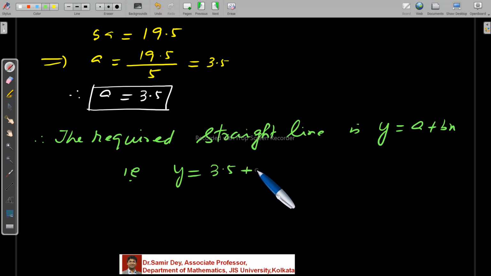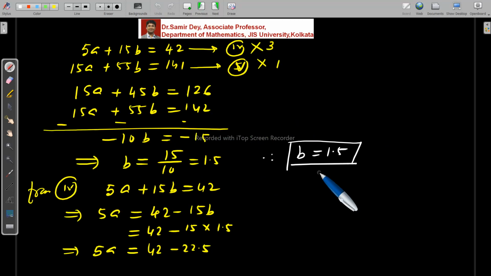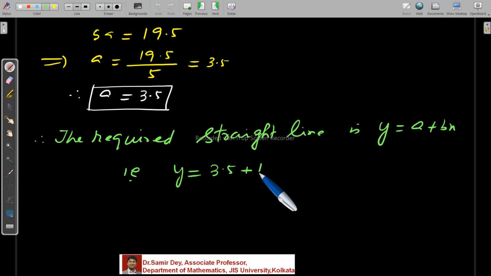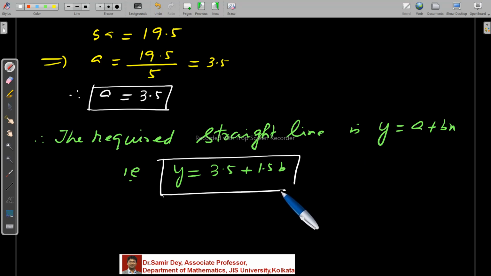What is b? b = 1.5, so 1.5 into x. So this is the required curve. Now I think it is clear to everyone. Just revise again and again to find the solution as well as to understand the process.